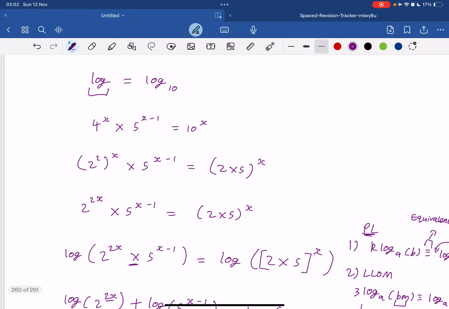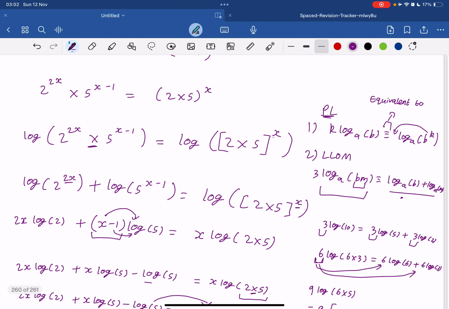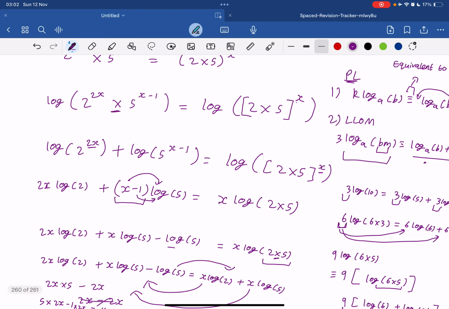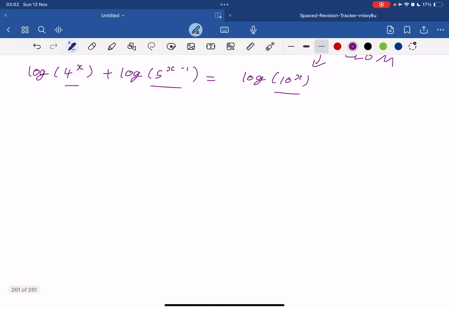Just like this previous step, when I use the power law in this step here, I'm going to do the exact same thing. So x log base 4 plus x minus 1, all in brackets, because it's one continuous term, log 5 equals x log base 10. Because the 5 is being raised to the whole power of x minus 1.